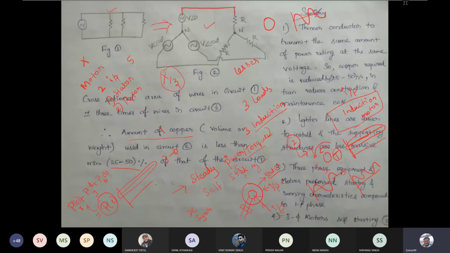During the positive half cycle the rotor will rotate in the anti-clockwise direction, and in the negative half cycle it will rotate in the clockwise direction.